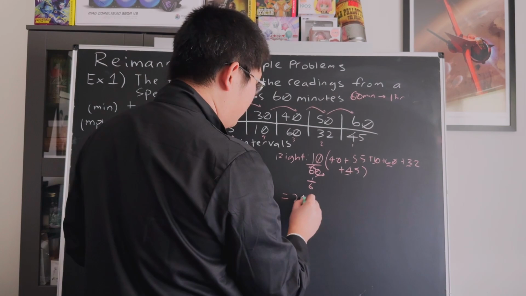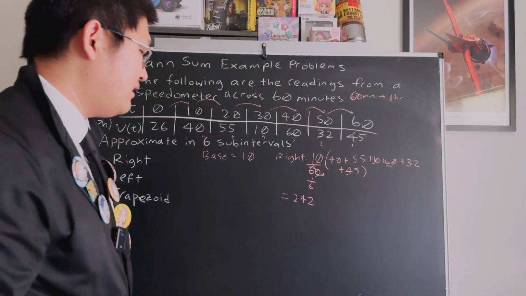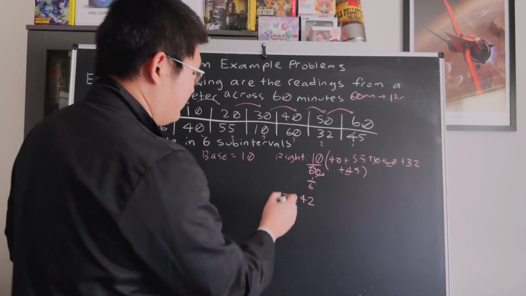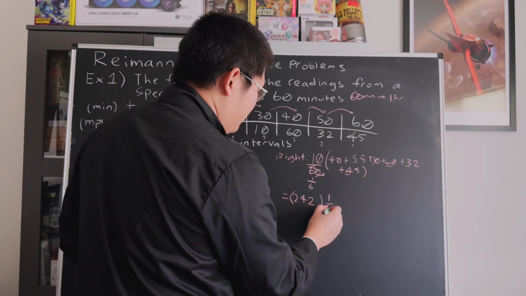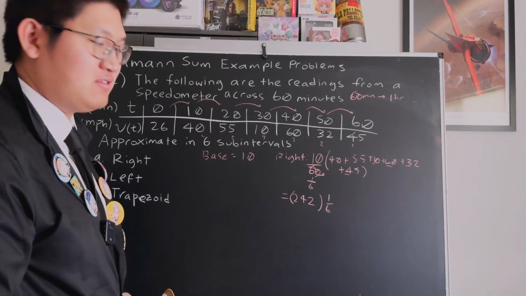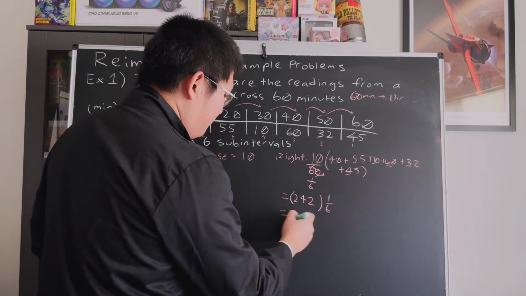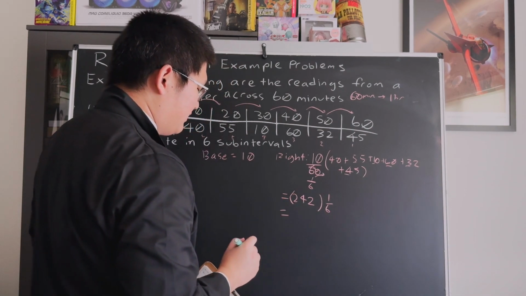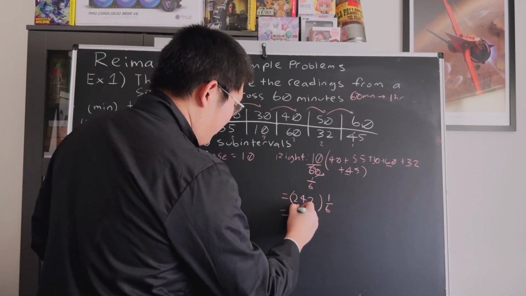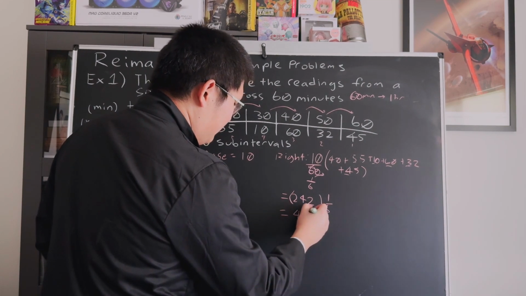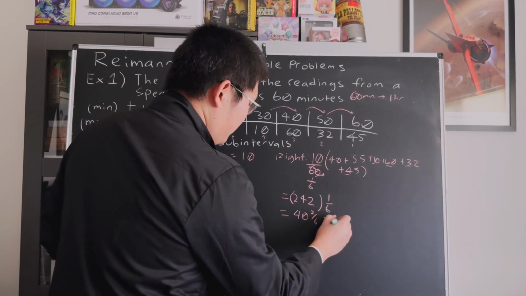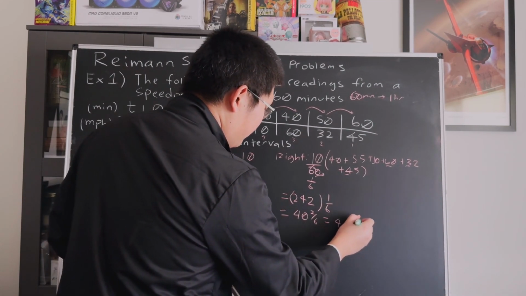So 242 is the result of everything inside the parentheses, and the 1/6 is left outside. Then dividing 242 by 6, we end up with a whole 40 and 2 out of 6, which is 40 and 1/3.